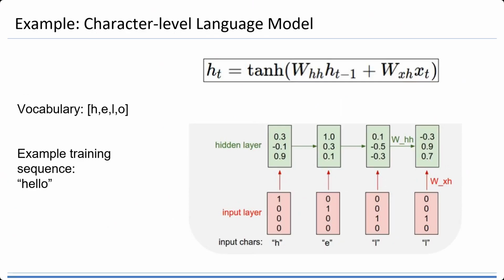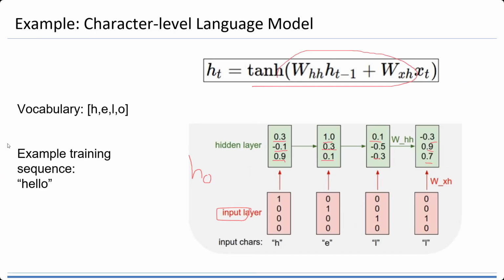We can calculate the hidden layer, which comes from the initial state H0 with a particular weight, combined with the input. After I apply this, let's assume the hidden layer is 0.3, minus 0.1 and 0.9. And we have this value.